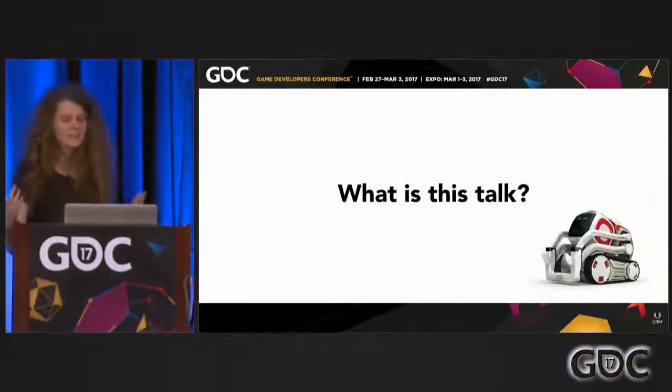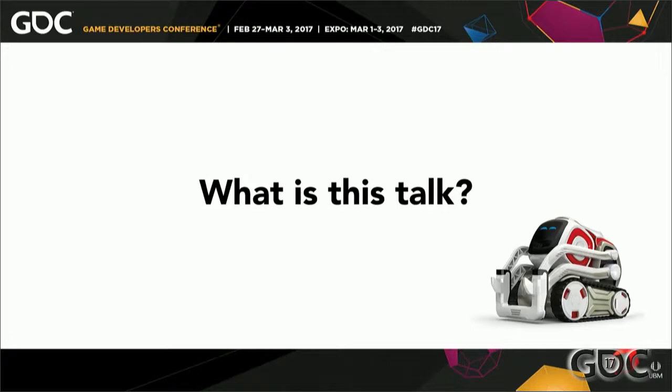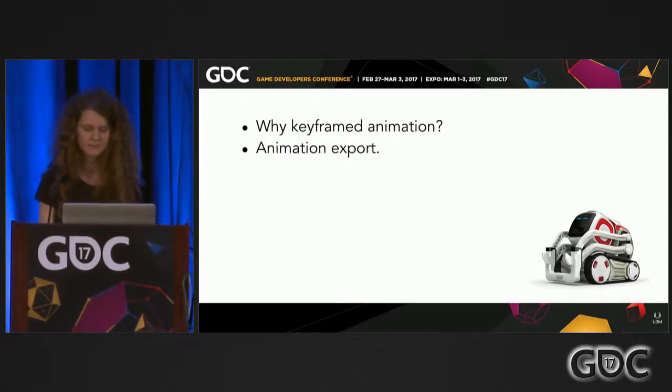All right, so there are many aspects of Cozmo development we could explore, but this talk will focus mainly on animation tools pipeline, as well as engine flow and unexpected problems that aren't generally encountered when working in a virtual world. We will give you an overview of what Cozmo is and why we're using custom animations in order to convey his personality.